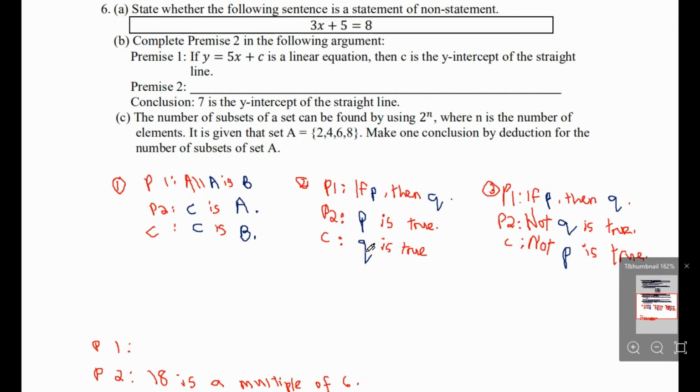Then conclusion will be Q is true. Number 3, premise 1 gives us if P then Q. Premise 2 gives us not Q is true. Then conclusion will be not P is true. Okay, so let's go back to this.